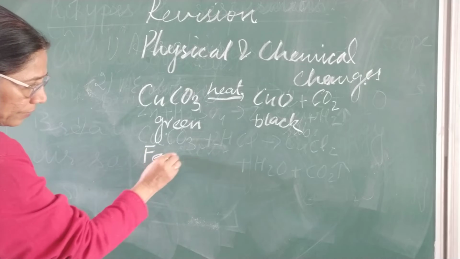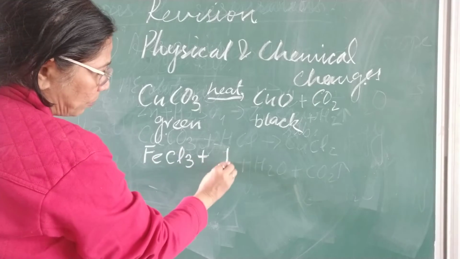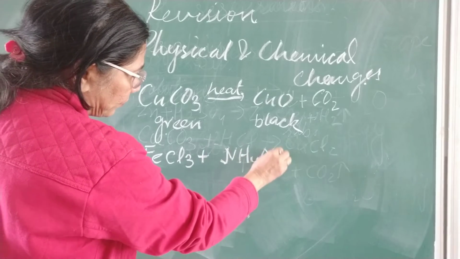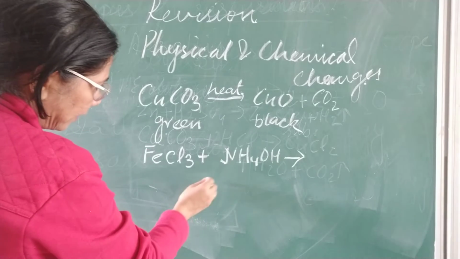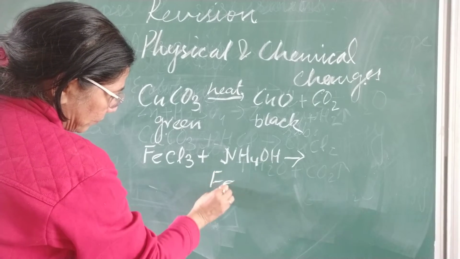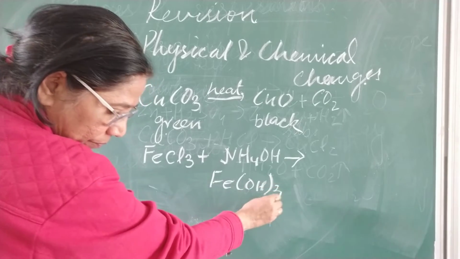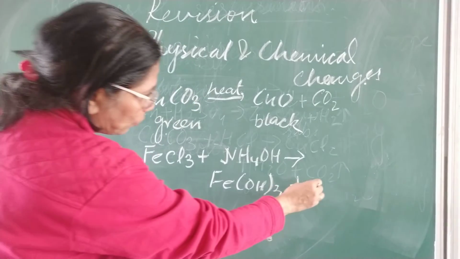Iron chloride when reacted with ammonium hydroxide gives iron hydroxide plus ammonium chloride.